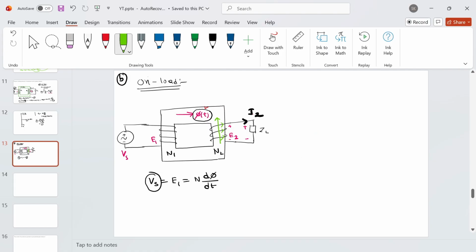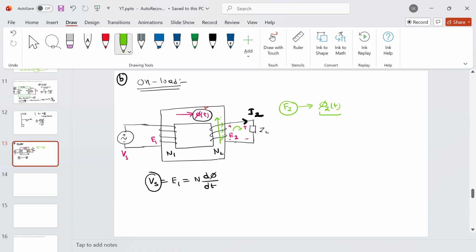Now the moment you have the current in the secondary circuit, this current will flow through the N2 number of turns, and there is an MMF, that we can call F2 MMF. This F2 MMF will produce a flux, that I'm calling phi 2. As per Lenz's law, this phi 2 will oppose the main flux phi of t.